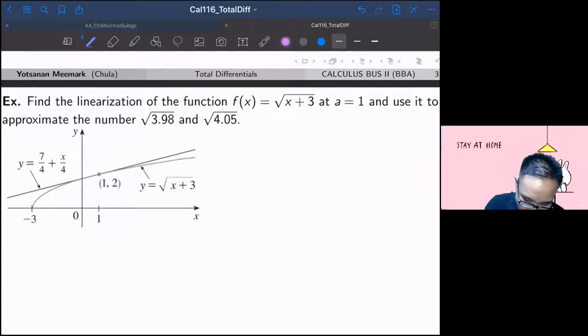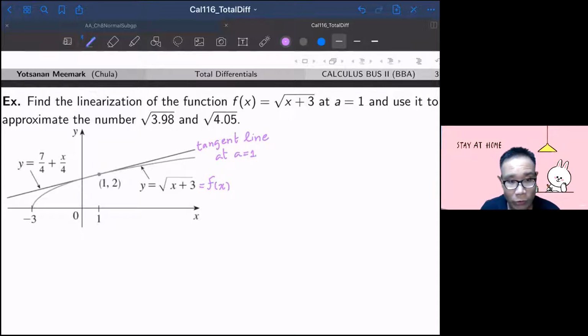So this is your f(x), and we wish to find the tangent line at a = 1.